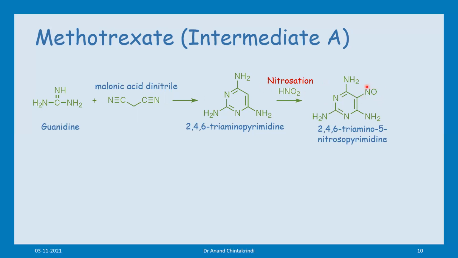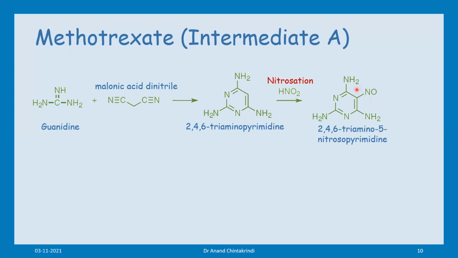Nitro is NO2, nitroso is NO. So this is known as a nitrosation reaction, a kind of electrophilic aromatic substitution reaction. Eventually, you will get the attachment of the nitroso group at the 5th position.